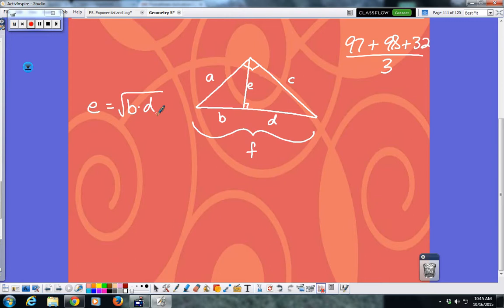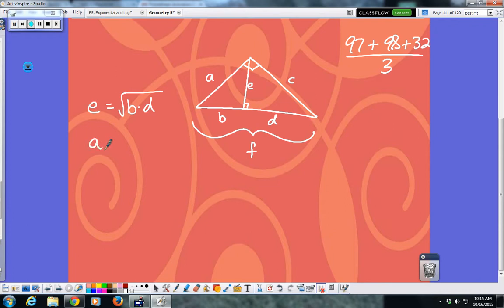That means if you've got this setup, and you want to know how tall it is, and you know what those two bottom pieces are, let's say it's a 16 and 9, then you know automatically by applying this formula that E, the altitude, would be the square root of 9 times 16.